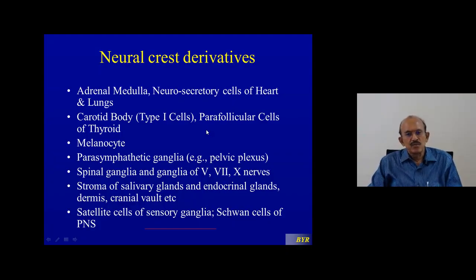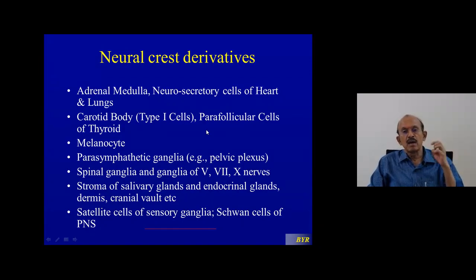The need is to emphasize that in certain tumors, you will find neoplasms of the neural crest derivatives. There may be neoplasm of the adrenal medulla, of parasympathetic ganglia, neurofibromatosis, and medullary carcinoma of the thyroid gland, which arises from the parafollicular cells. In a patient, all these things may be there.